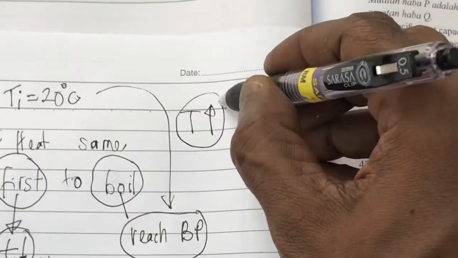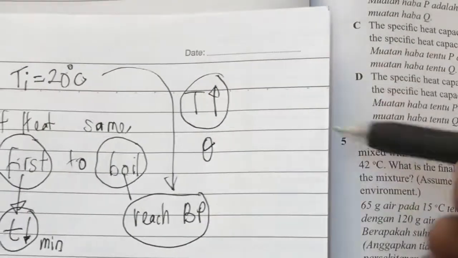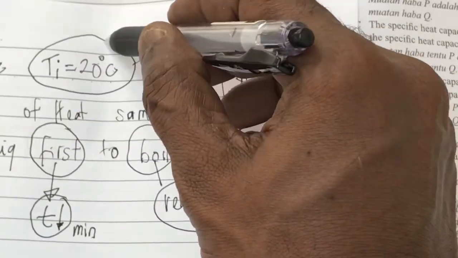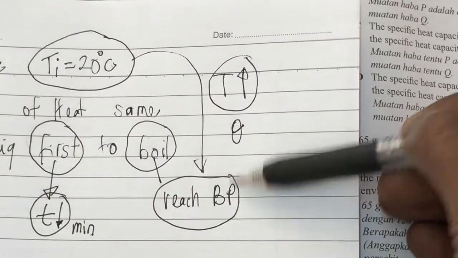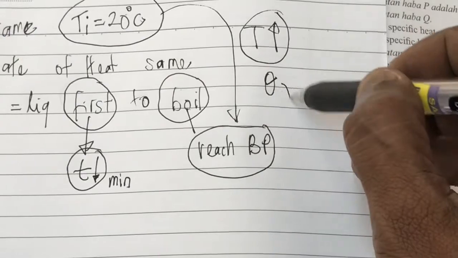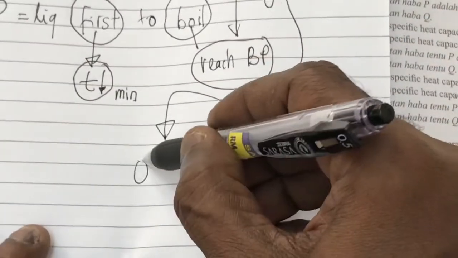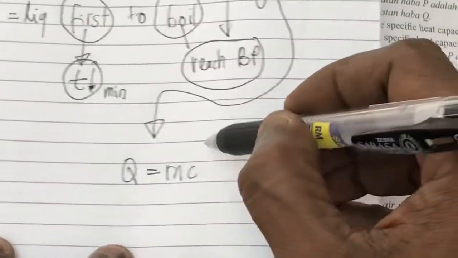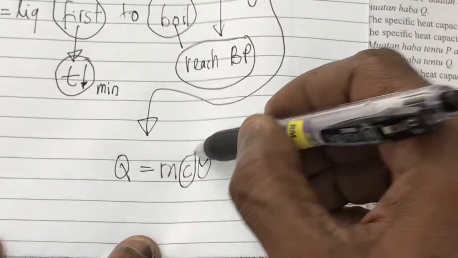There's a change in temperature, so the heat involved, of course, will be Q equals mc theta, involving the specific heat capacity.